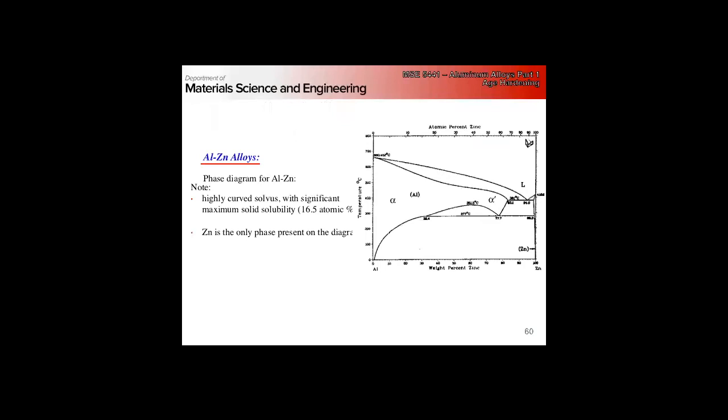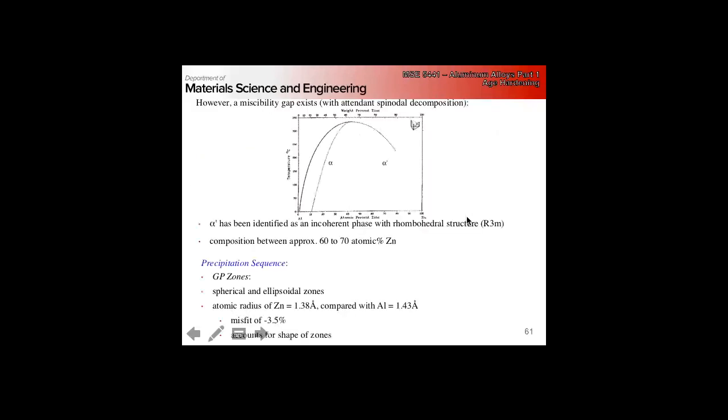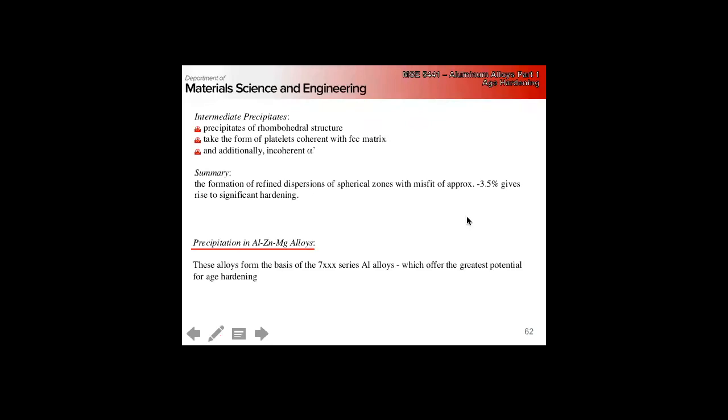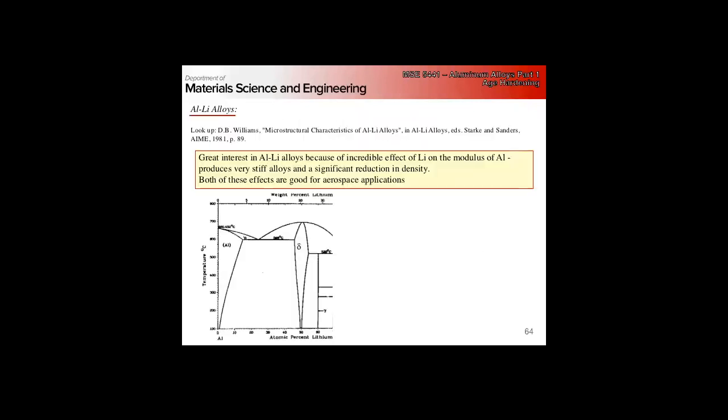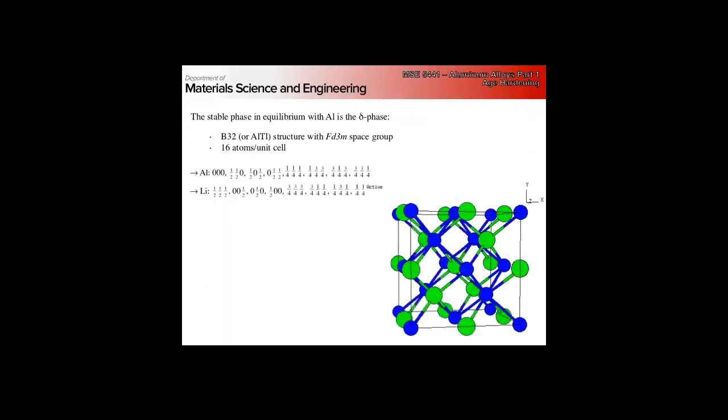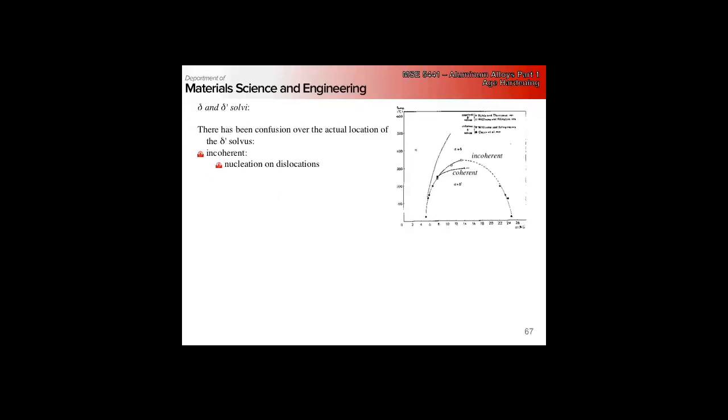too much about these. It's worthwhile remembering that aluminum zinc undergoes a spinodal decomposition there. Aluminum zinc magnesium gives us the best possible potential for age hardening. Again, you don't need to memorize all the phases. Aluminum lithium, the stable phase is this really complicated ordered structure, so it takes a lot to get there, so that has to be heterogeneous.